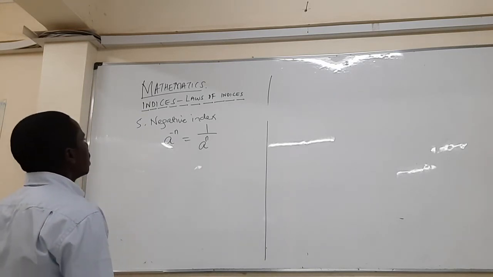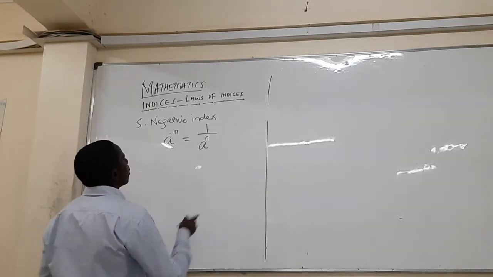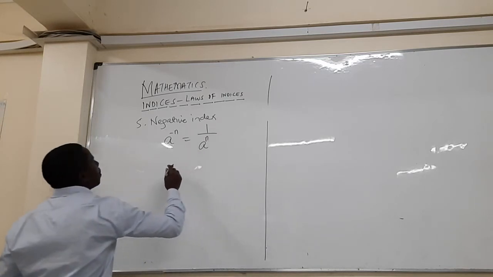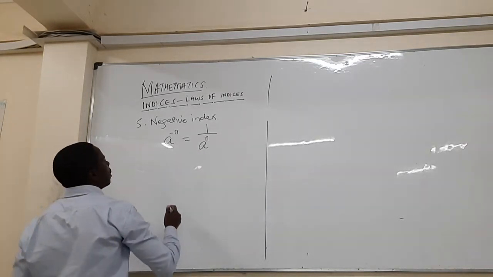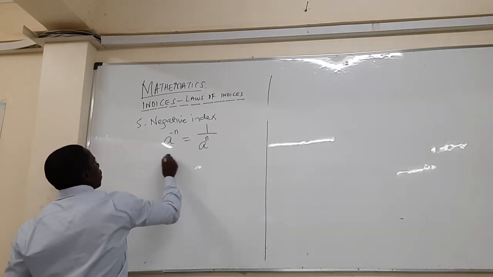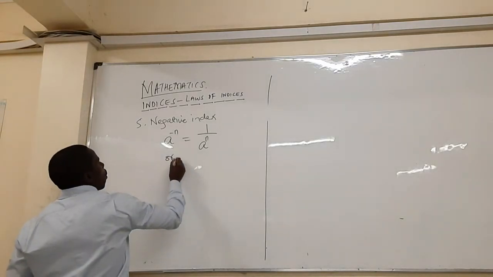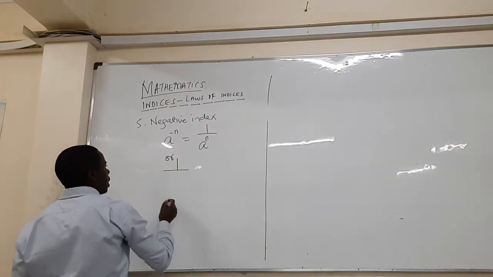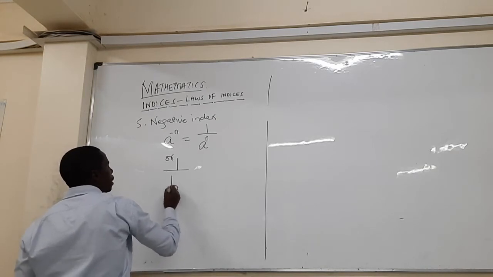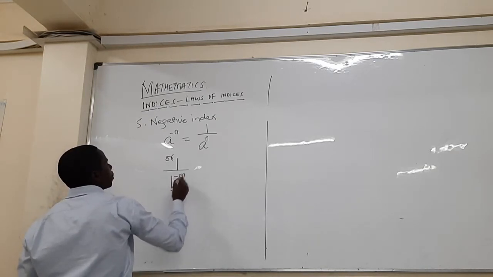Also, there is another case, where you have 1 over b power minus m.